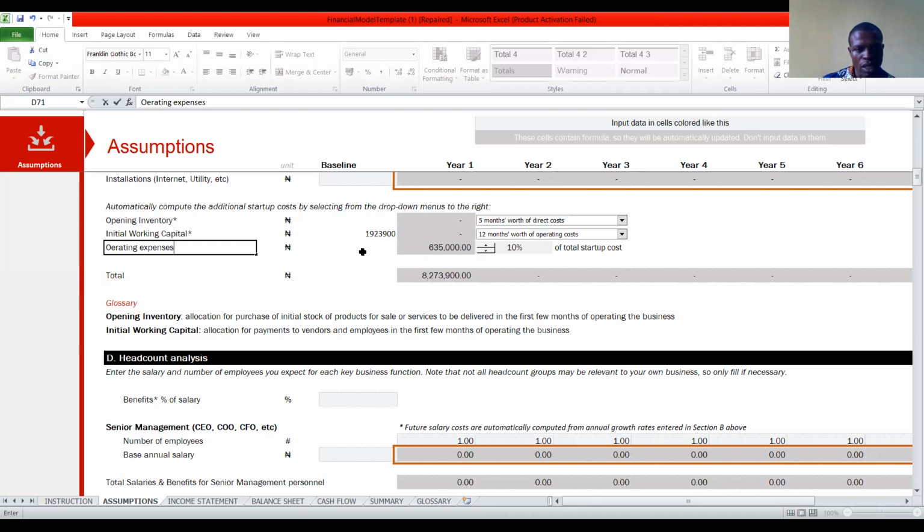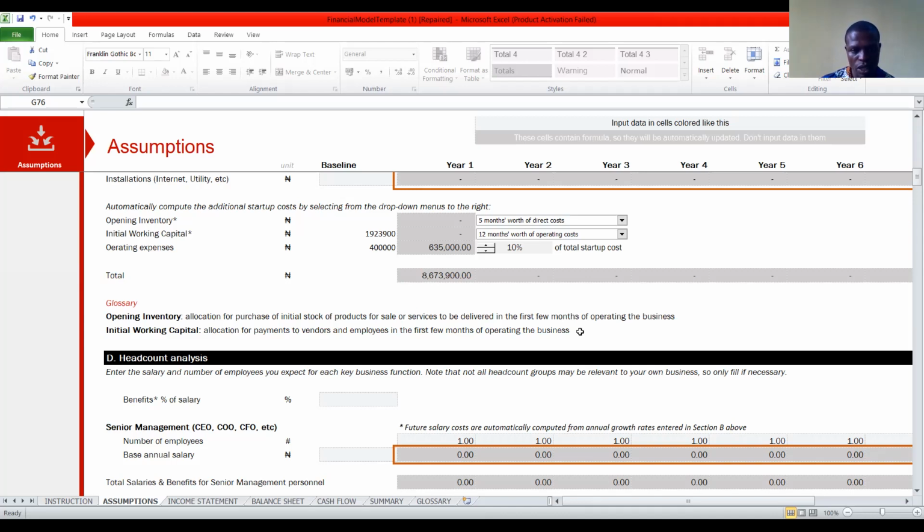So it needs 400,000. Now this operating expenses will be for 1 month. Let me confirm the number of months that he wants. Okay, total loan required.